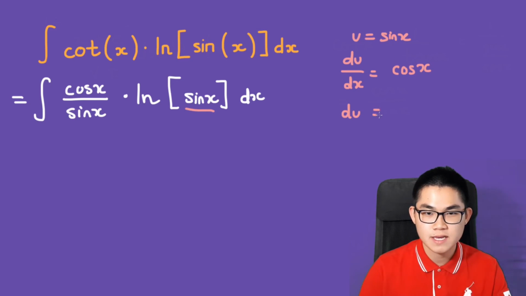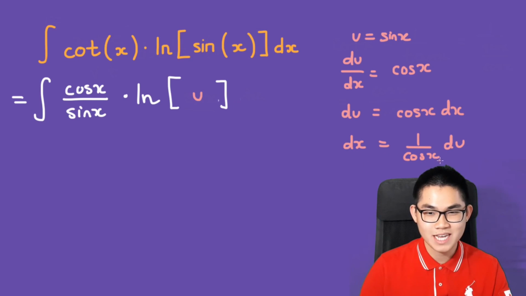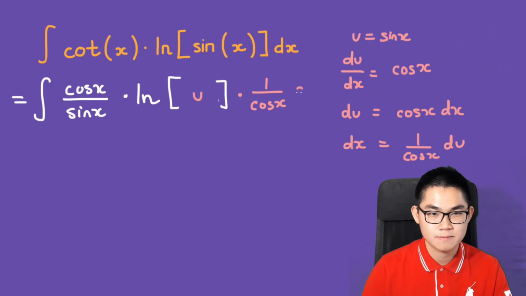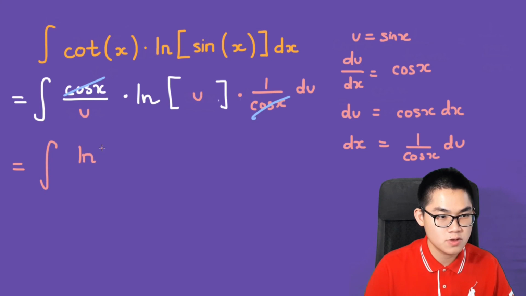So du is cosine of x times dx, and dx is going to be 1 over cosine of x du. So we're going to substitute that in. This cosine will cancel out with this cosine, and we also want to turn the sine of x into a u as well. We will end up with the integral of the ln of u over u times du.